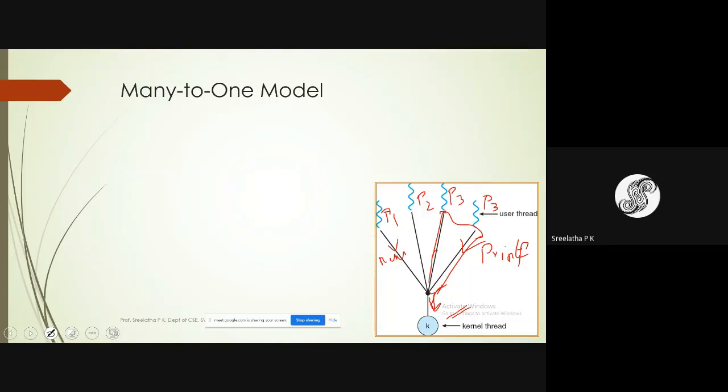There are thread libraries in the user space, and the thread libraries take care of these user threads. So many user level threads are mapped to a single kernel level thread.